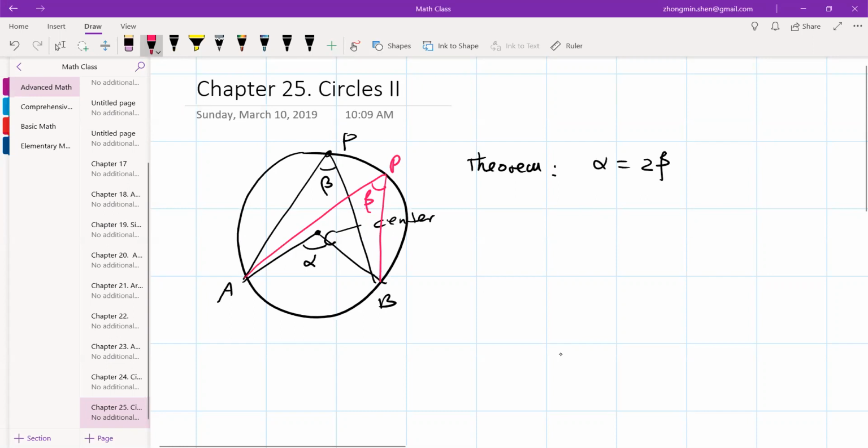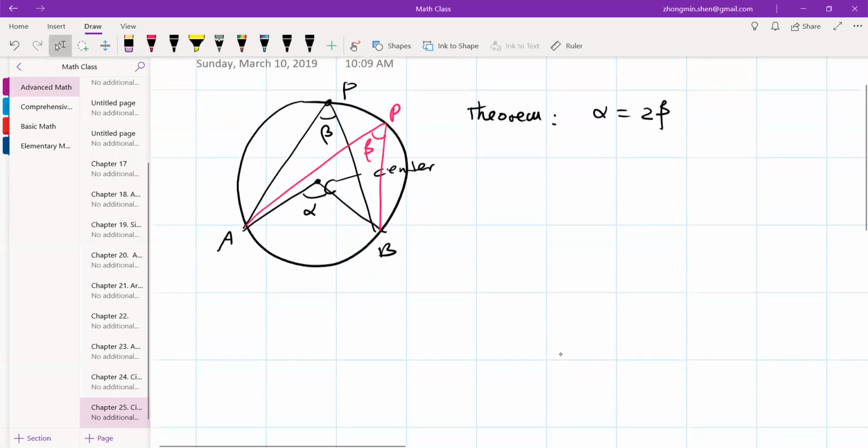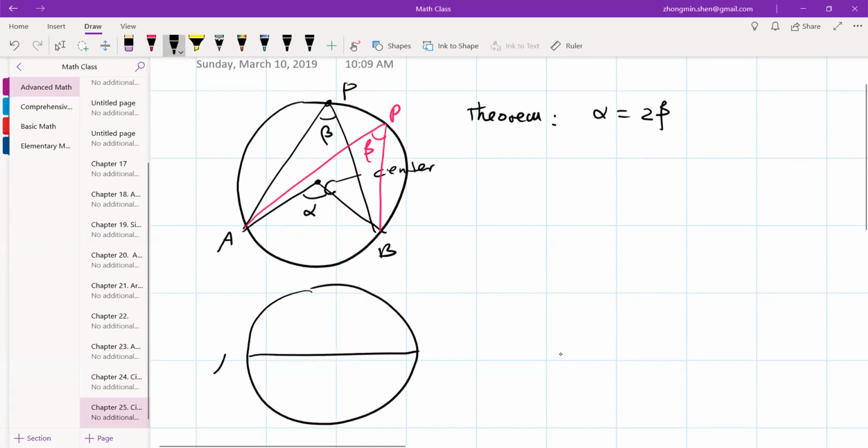This is an important case. The special case is what happens when AB is on the diameter. If AB is on the diameter, this is C, and here alpha is going to be 180 degrees. Then you pick an arbitrary point P and draw the lines, and beta is going to be half of alpha, so beta must be equal to 90 degrees.